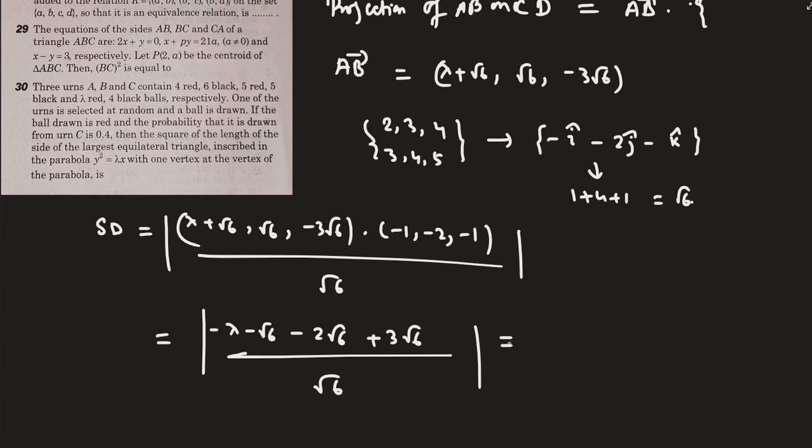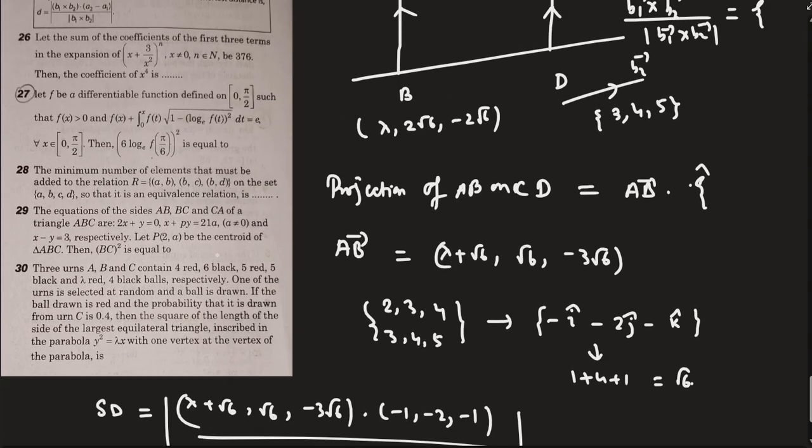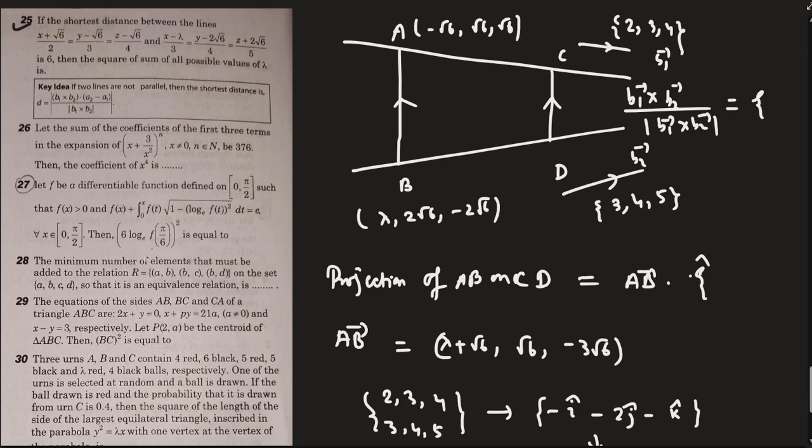So now what we have, this root 6 and root 6 cancel out. So we have lambda by root 6 only. Now in the question, the shortest distance is given as 6.